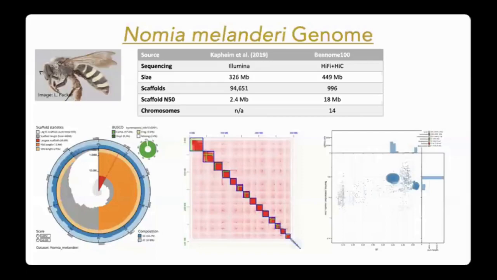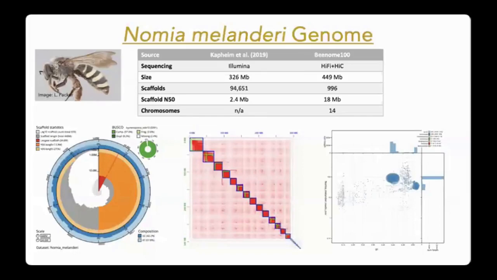Shown here in the first slide is the genome of the alkali bee, Nomia melanderi. This bee is an important pollinator of alfalfa in the western United States. The original genome, published in 2019 by Kapheim et al., produced a scaffold-level assembly that was 326 megabases in length and had an N50, which is a measure of genome quality, of 2.4 megabases.